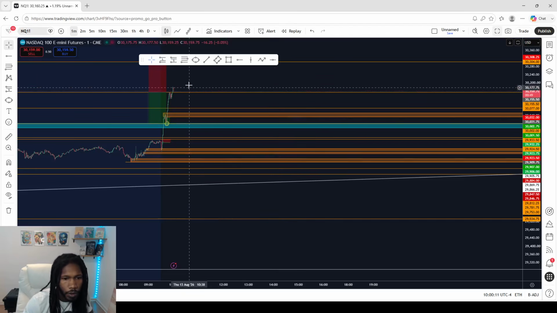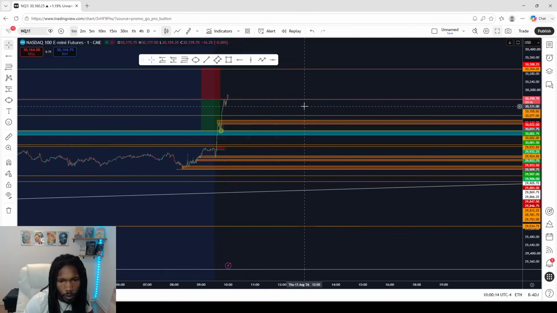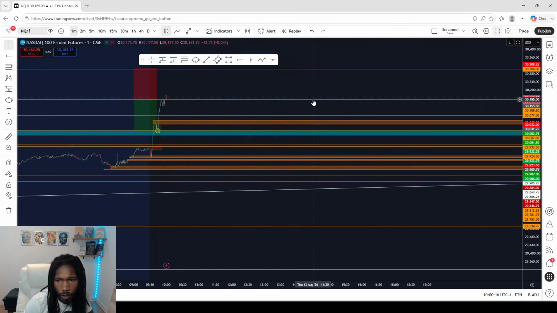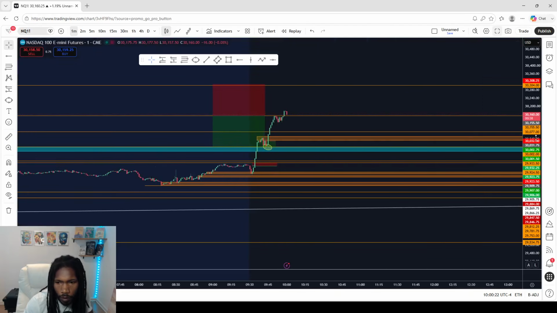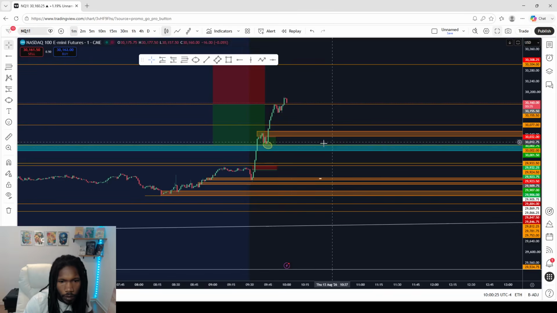All right, so there we go. So now we're looking to actually sell off of this 155. Yeah, so now we can actually get a position off the 155.